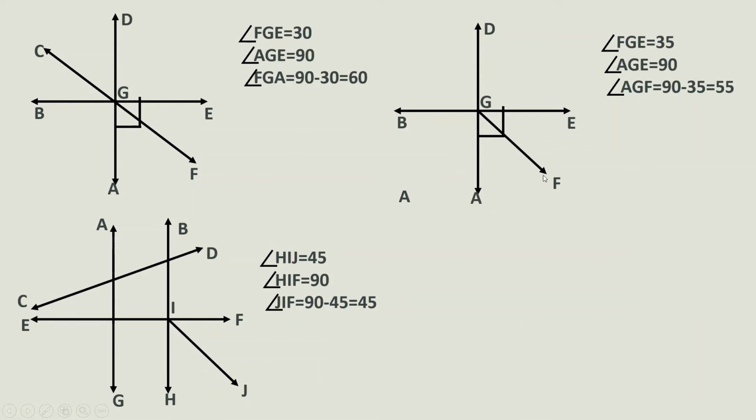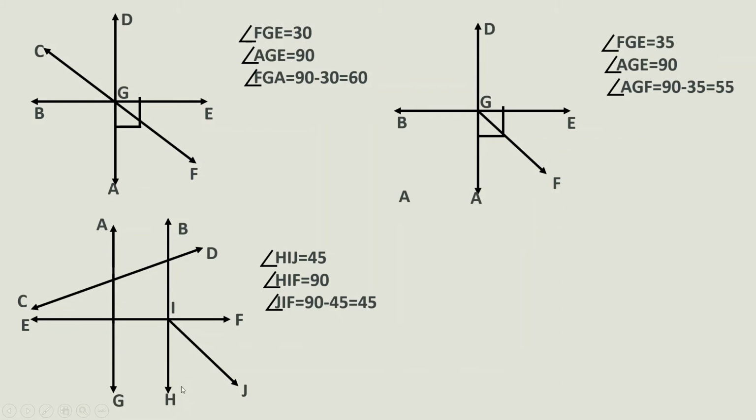We know that FGE is equal to 35 degrees and AGE is equal to 90 degrees. Now to find AGF, we subtract 35 from 90, which gives us 55 degrees.